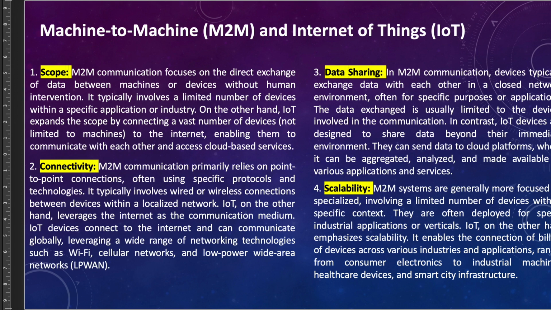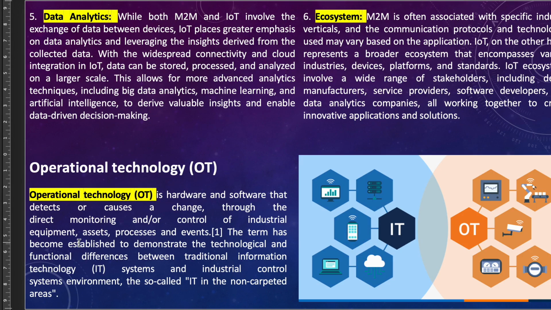Scope, data connectivity, scalability, data analytics, and so on. We talked about operational technology, or OT, which is also now a term being used in industries, similar to IoT service providing. OT service providing is a part of industries today.